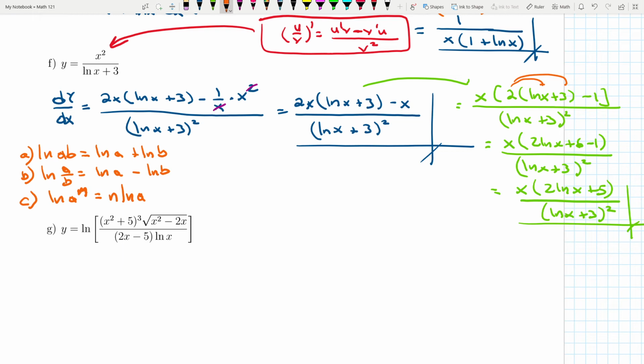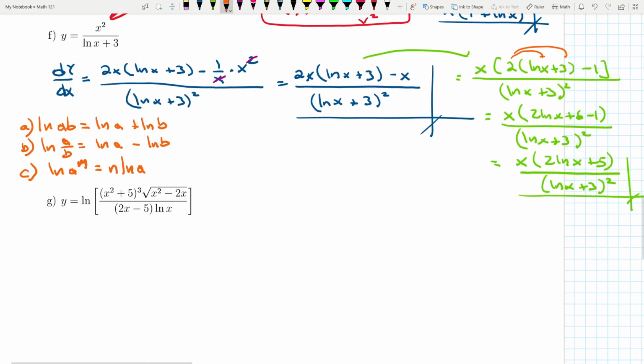For more details about the properties of logarithms, you might want to go back to the module from the week before so you can review these properties before looking at this example.